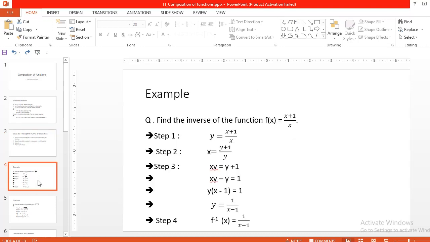Next, let's see an example of finding the inverse of a function. The question is: find the inverse of the function f of x equal to (x plus 1) divided by x. So follow the four steps. What is the first step?